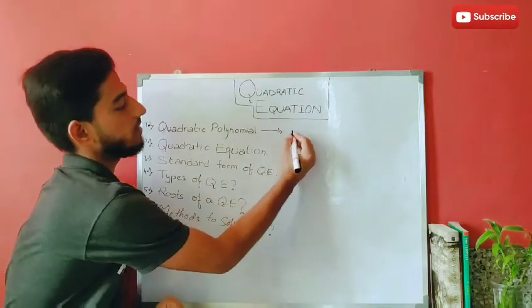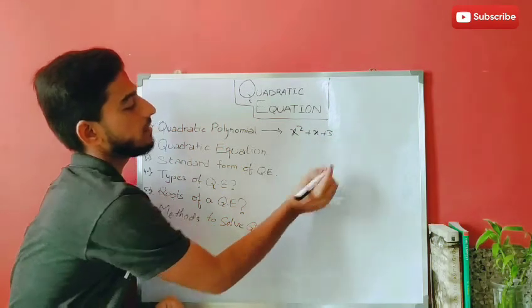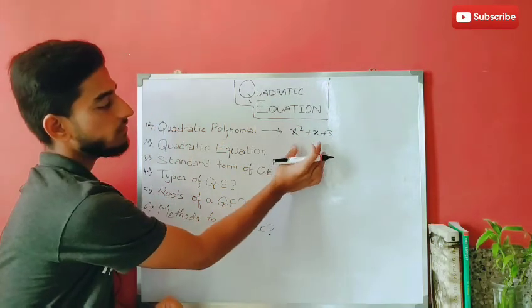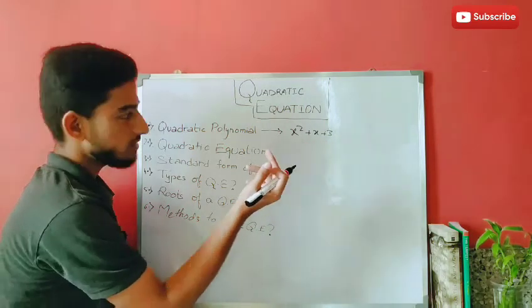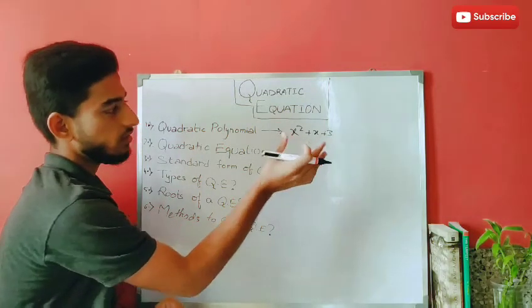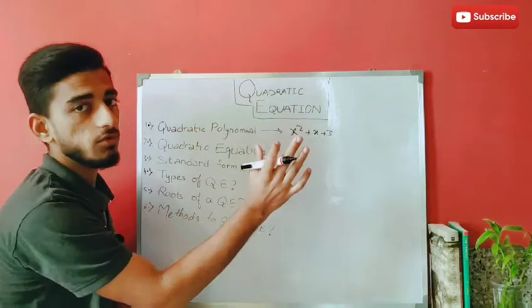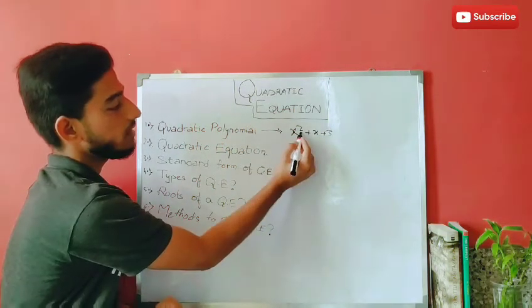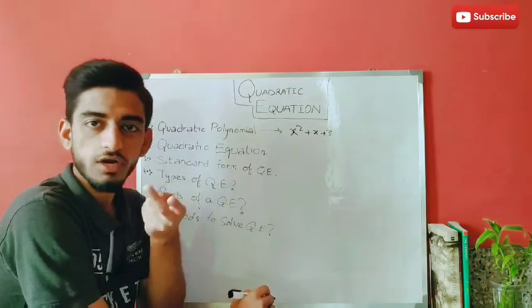See, x square plus x plus 3. Here we are adding the variables, and a constant also we can add. So this is a quadratic polynomial because here the highest order is 2.